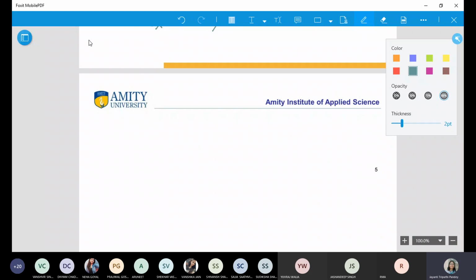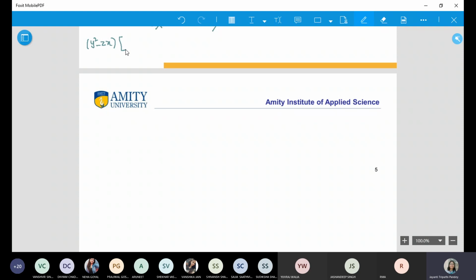We have to substitute y square minus zx, then del u by del x. And what was del u by del x? It's a symmetrical result, so it is easy to remember. Plus x square minus yz and del u by del y.